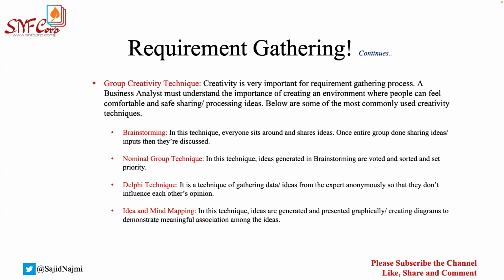It is nothing but collecting ideas from different sources at the same place, same time, in one room. Now, what is nominal group technique? This is nothing but one step addition to brainstorming. In this technique, whatever information you have captured from the brainstorming session, you weight and prioritize.